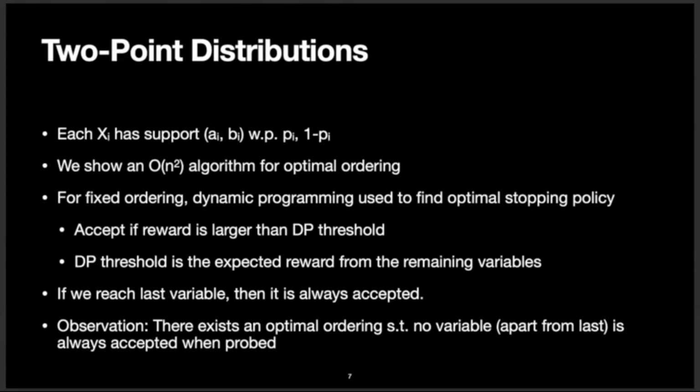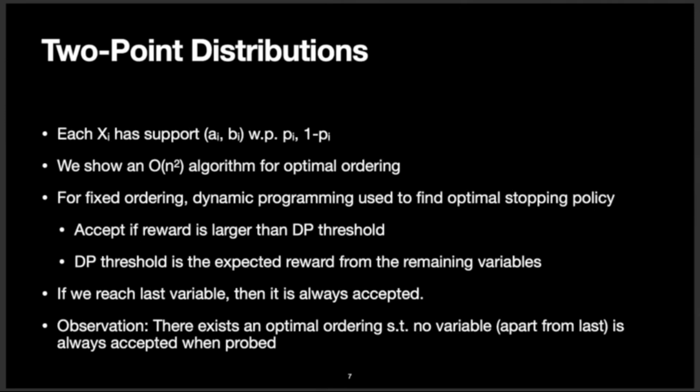But you can imagine that there can be another policy where you examine the other variables first. The worst case is you examine the other variables and you reject all of them, and then finally, you accept the variable that you meant to accept always. So basically, there exists an optimal ordering such that you never probe a variable that you will always intend to accept.